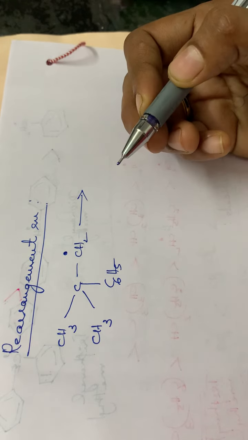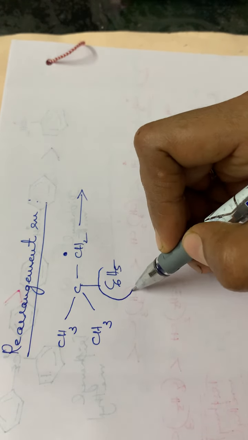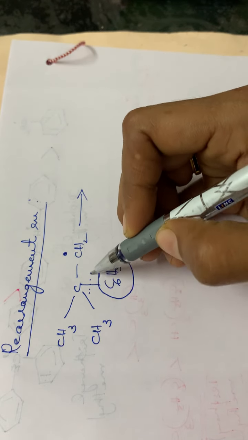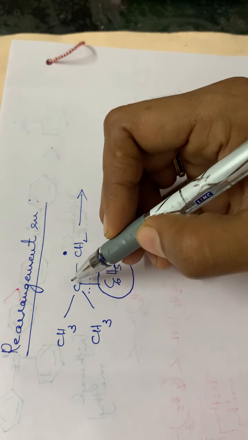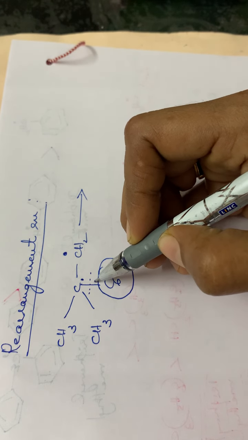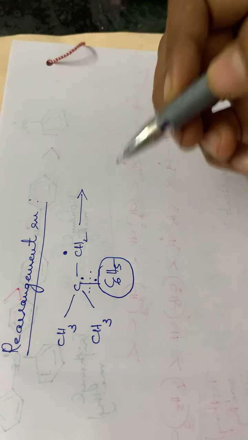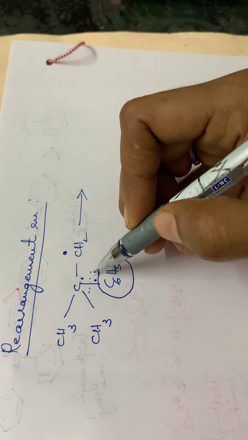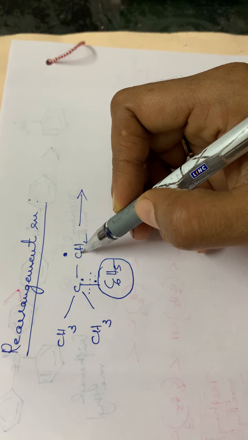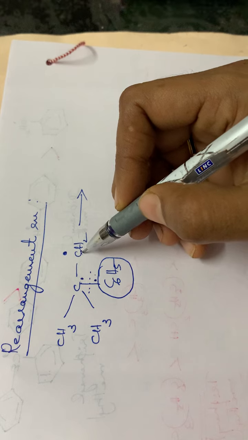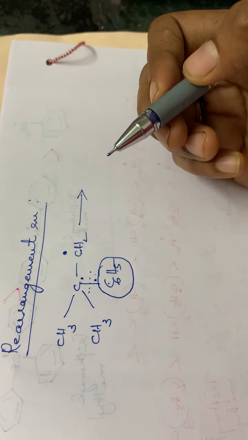Here rearrangement of this phenyl group takes place. For that this particular bond breaks, and this carbon will be getting one electron and this C6H5 group will be getting one electron. In the next step this C6H5 free radical will be joining to this CH2 dot.